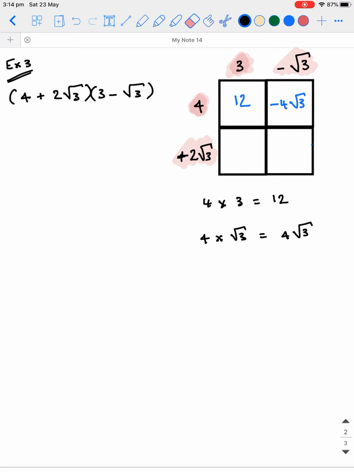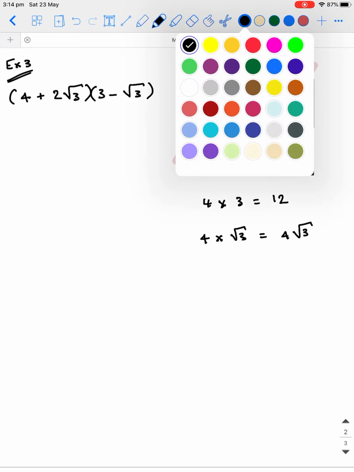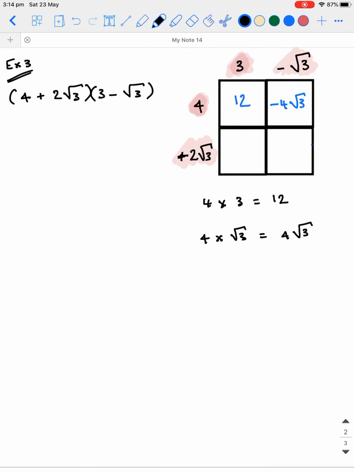So if I take the positive 2 root 3, 2 root 3 and multiply that by 3, then I know that 2 root 3 multiplied by 3 is 6 root 3, and that's because 2 times 3 is 6. A positive times a positive remains positive.